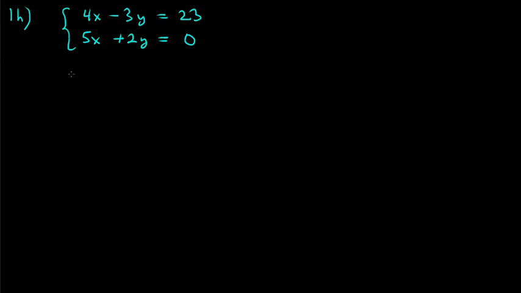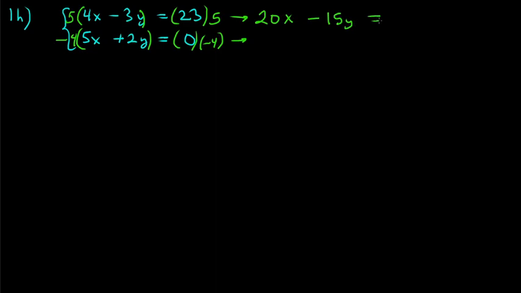So if we multiply the first equation by 5, that'll make it 20x. To make the bottom equation negative 20x, we need to multiply by negative 4. Again, on both sides, right? So the first equation will be positive 20 times x minus 15 times y equals 23 times 5, 115.